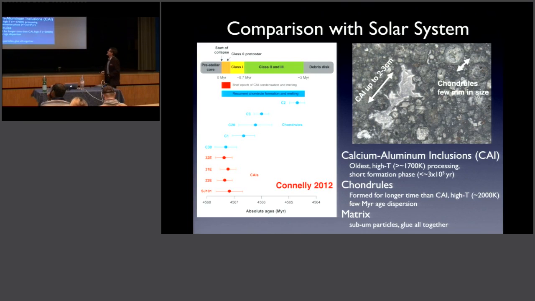Now, as you've heard from Billy, and possibly Phil will discuss also, it's not easy to have objects this big form in a gaseous disk, and let them stay there for 3-4 million years, as they have to.